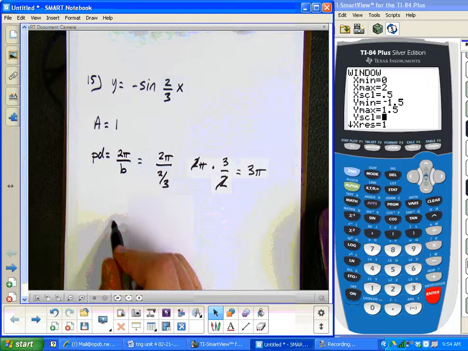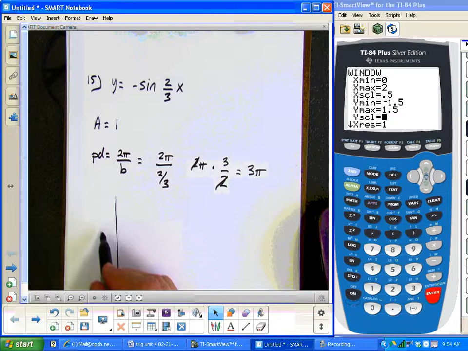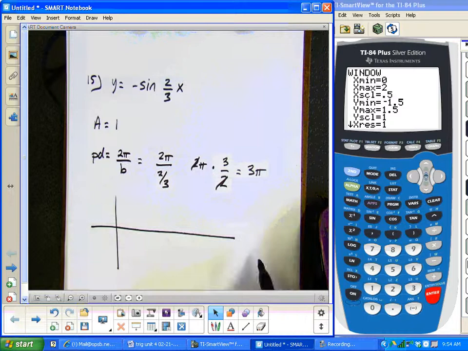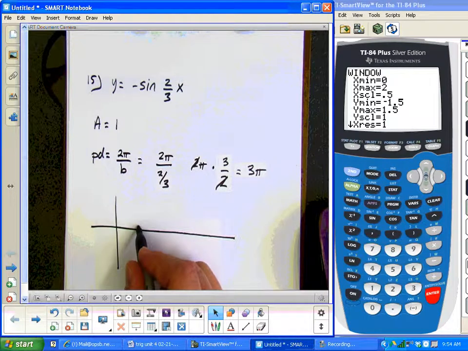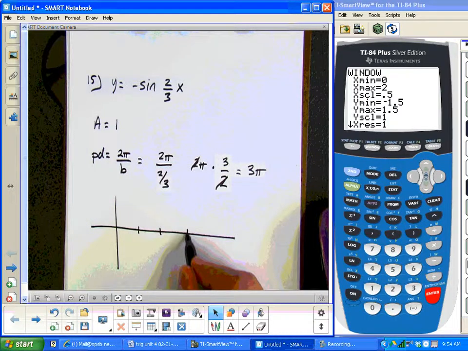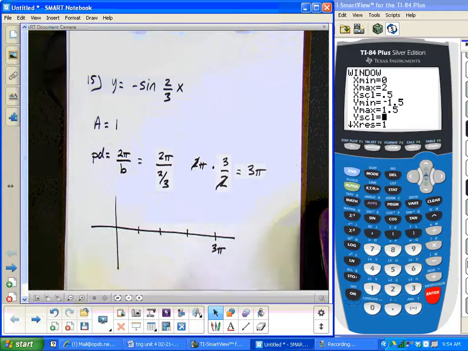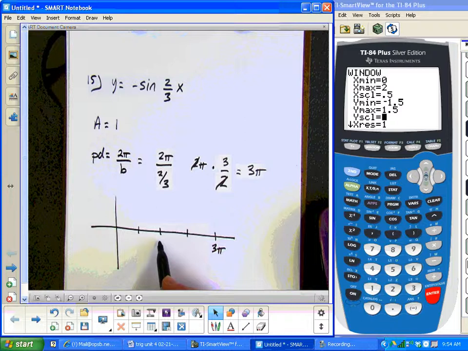I like the halving strategy, because you don't have to really do any calculations when you half it, not any hard things. So we've got 1, 2, 3, 4. This last one's got to be 3 pi. What's half of 3 pi? 3 pi over 2.